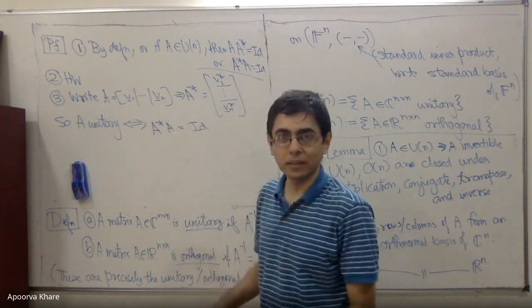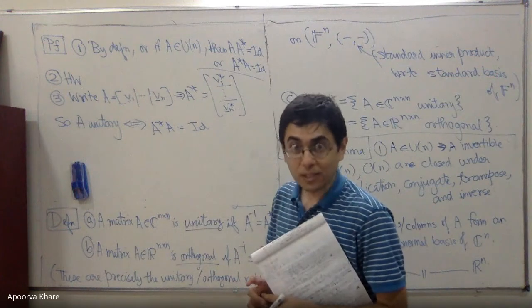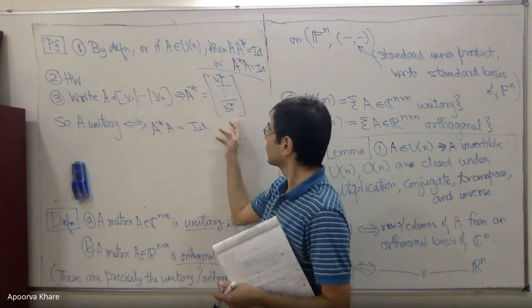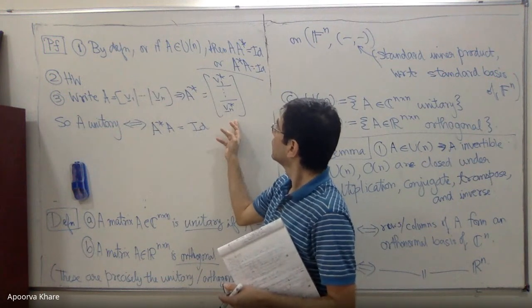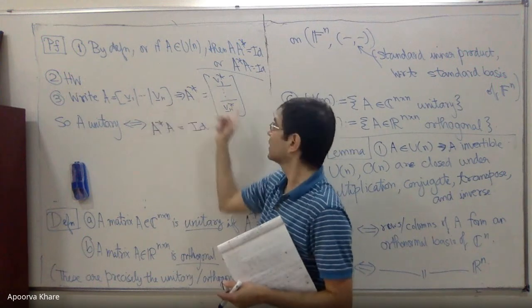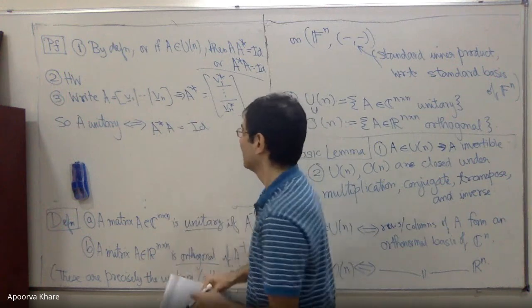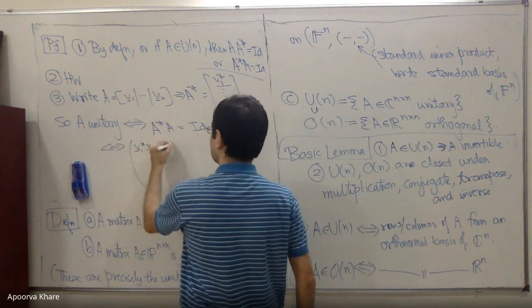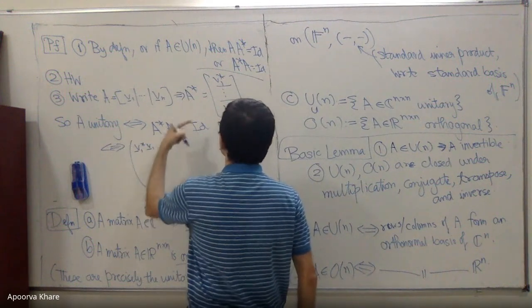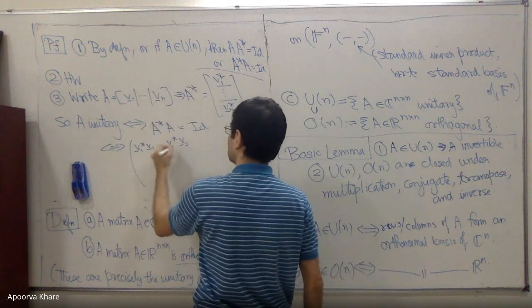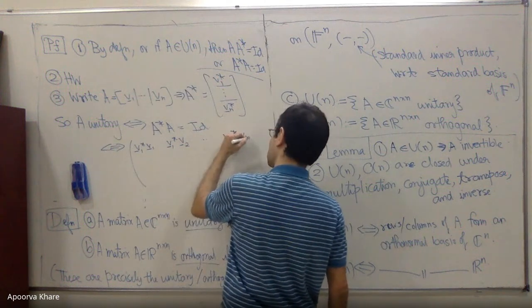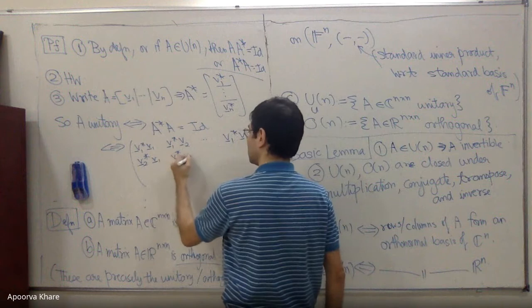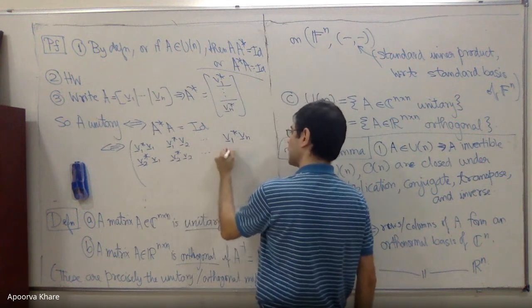But what is A star times A? This is again where the whole trick of working with partitioned matrices works. I just think of these as if they are scalars. This is n cross 1. This is 1 cross n. Something is wrong, sorry. This is 1 cross n. This is n cross 1. So the whole thing will be n cross n. And what are the entries? The entries are V1 star V1, V1 star V2 in the first row, second column, V1 star Vn, V2 star V1, V2 star V2, you get it, V2 star Vn.